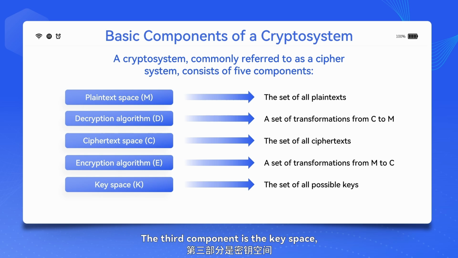The third component is the key space, abbreviated as K, representing the set of all possible keys. The fourth component is the decryption algorithm, abbreviated as D, representing a set of transformations from ciphertext to plaintext. The fifth component is the encryption algorithm, abbreviated as E, representing a set of transformations from plaintext into ciphertext.